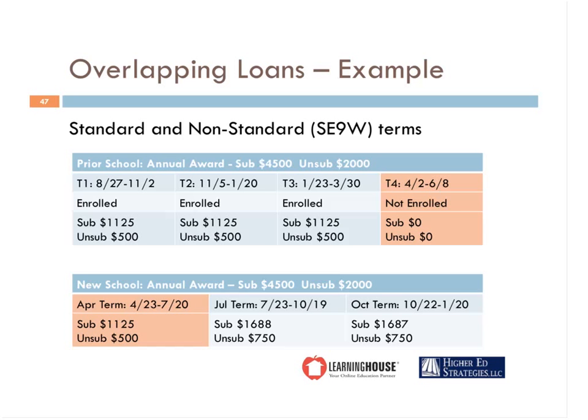You can see the overlap is over the summer in April through June. At the old school and at the new school, it's April through July. And so the student has remaining eligibility that they can receive for that first term in that academic year. And then come July, they would kick into the new academic year.